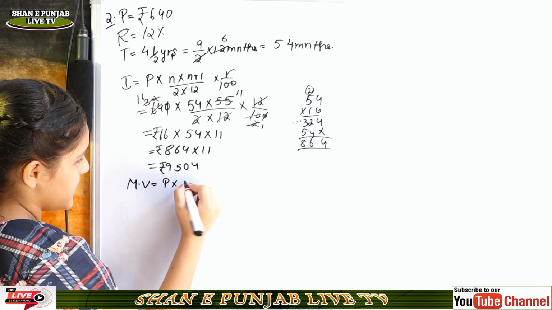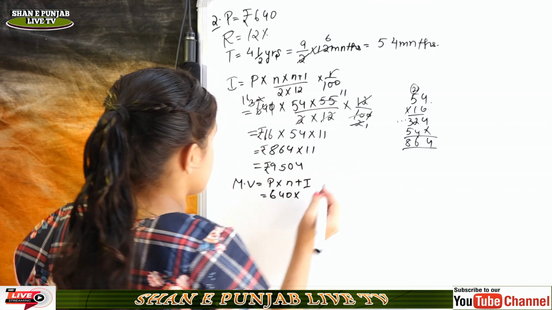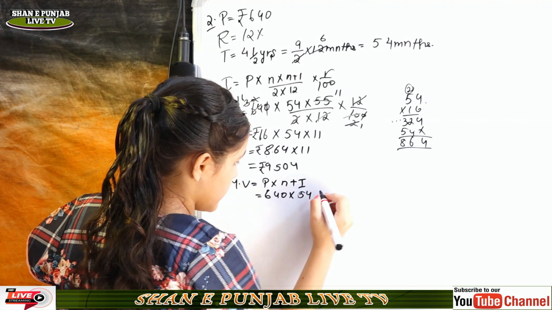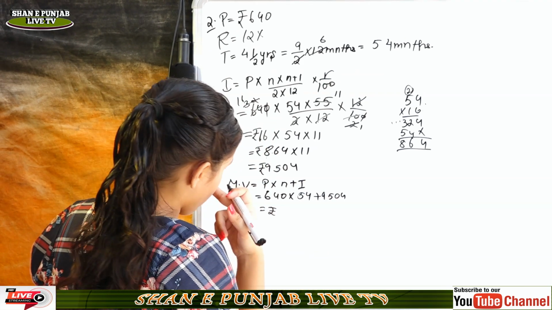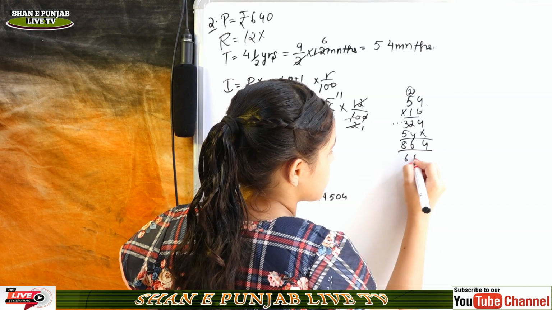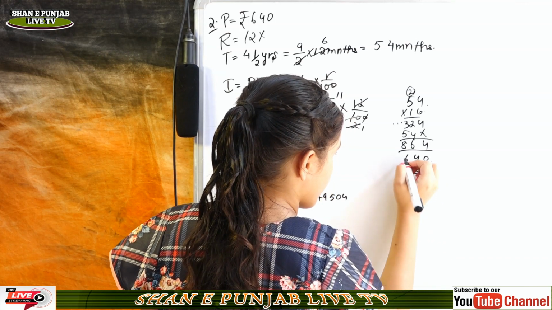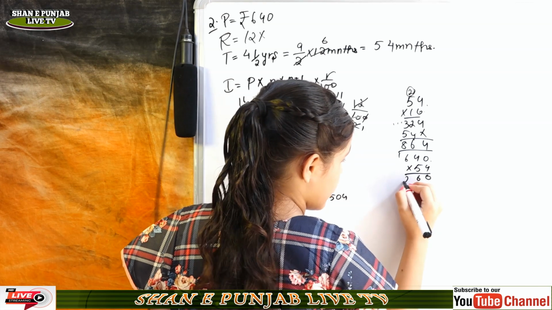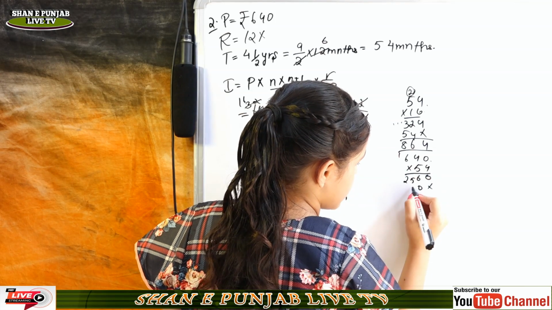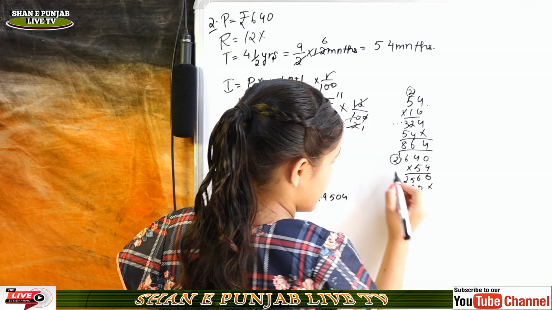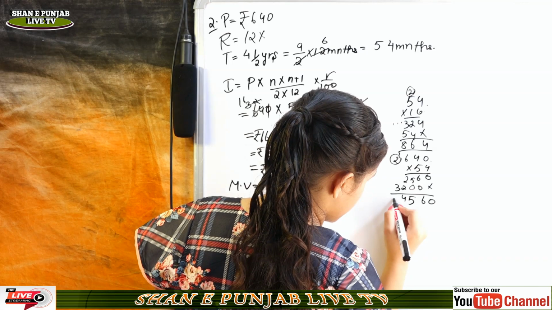MV formula is P into N plus I. P here is 640, N is 54, plus interest we got as 9504. 640 into 54. 6 4s are 24, 5 4s are 20, 6 5s are 30, 32.